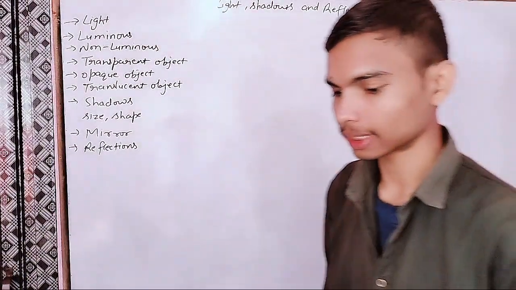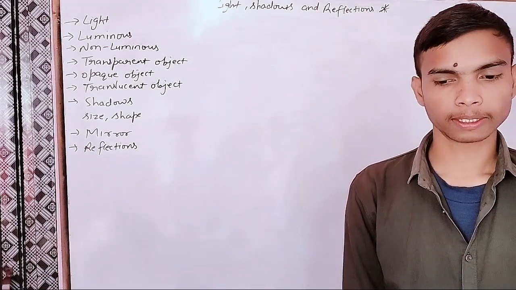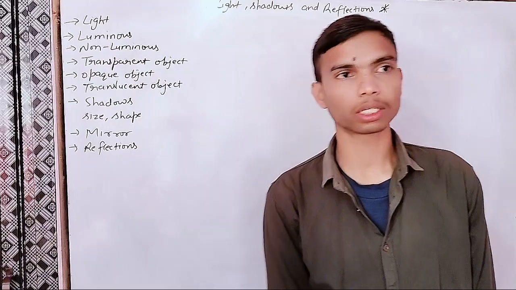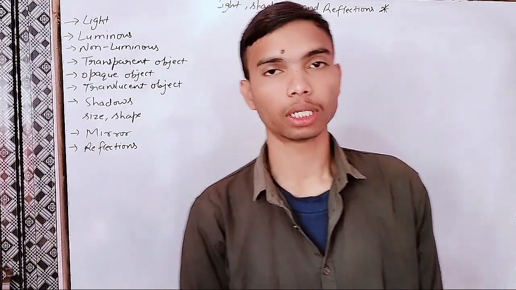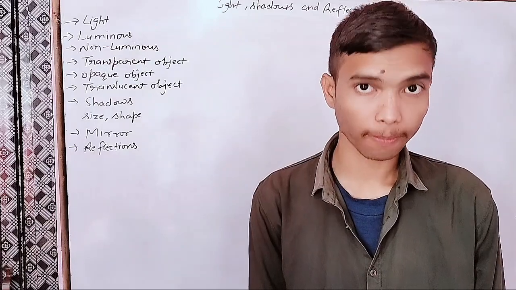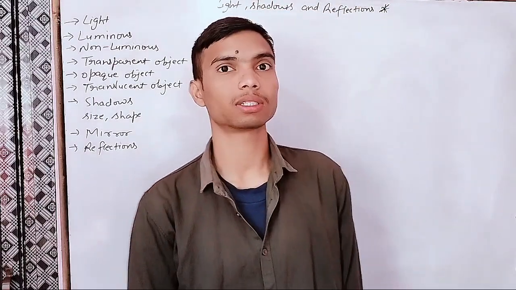We know that we can see whatever we want, but there are two things that should be compulsorily available around us to see the objects. First of all, objects. What is the meaning of object?